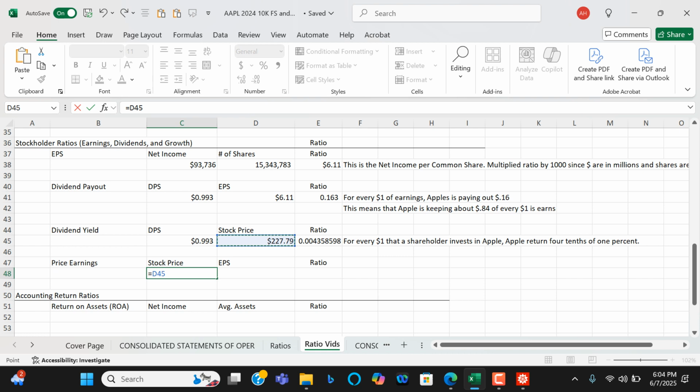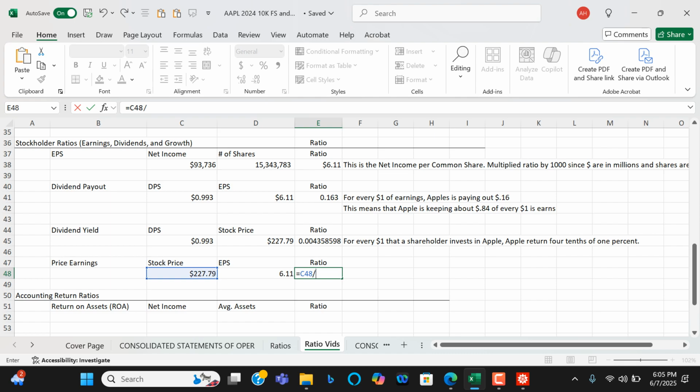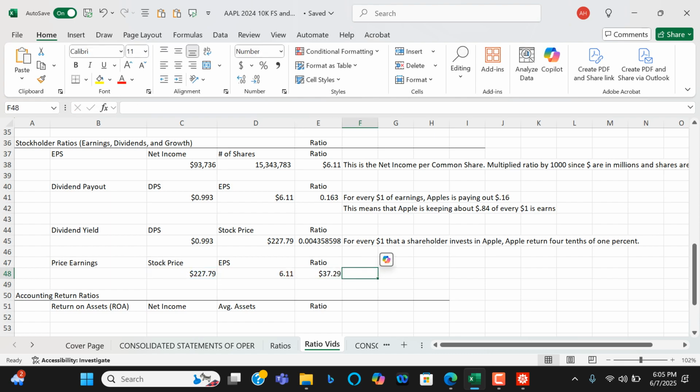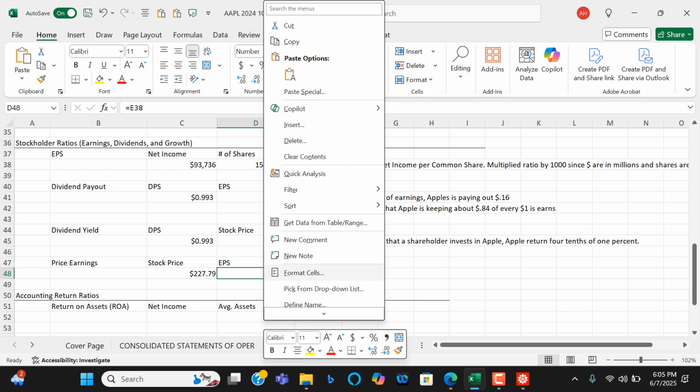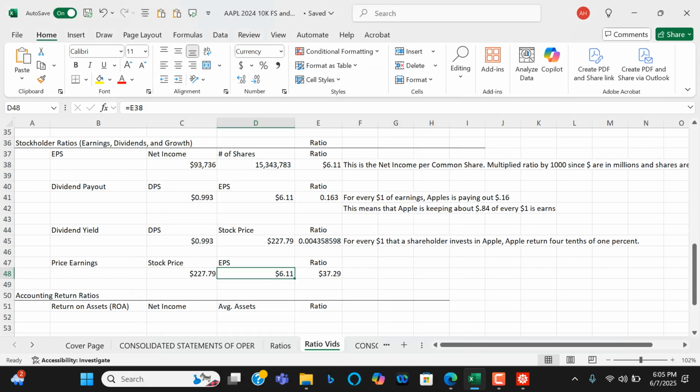Share price: I just got the share price from right there. There's your share price, and there's your earnings per share, which is $6.11. So your ratio here is 32. I'm going to make sure that these are formatted. Earnings per share is obviously dollars.